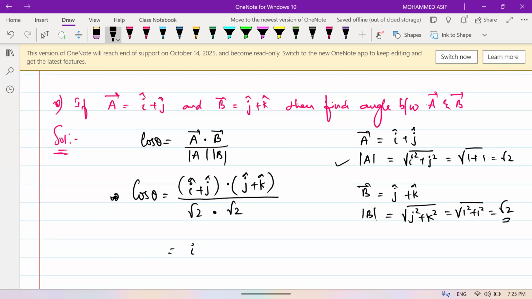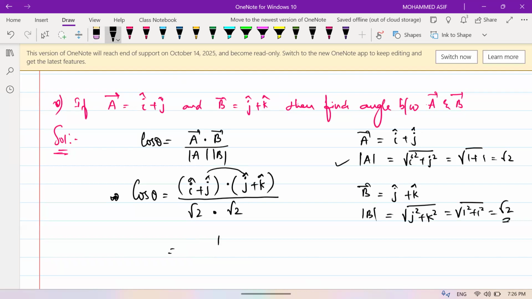I cap dot J cap plus, what will be the answer for this one? You tell me. I cap dot J cap is 0. I into J will be equal to 0. Plus J into J will be equal to 1. Again, I into K will be equal to 0, and J into K also will be equal to 0. I'm writing that step directly. Can I clear? Yes. So this value will be how much?